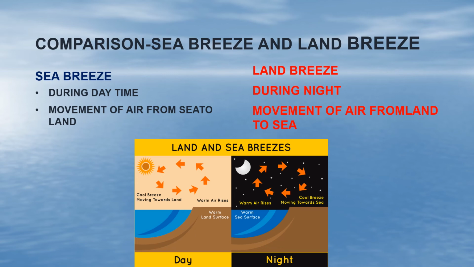Now, during night time, the air above the sea is warmer. The warm air rises, and the cooler air from the land moves towards the sea. This movement of air from land to sea is called land breeze.